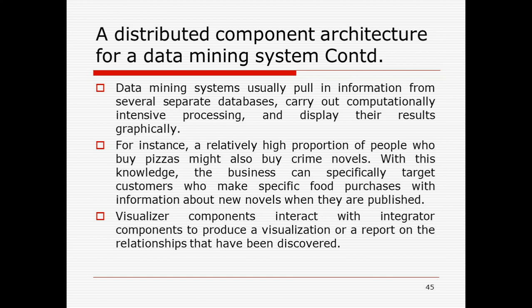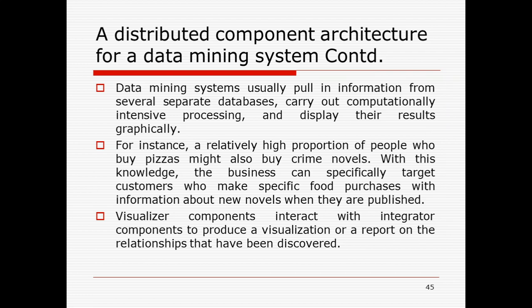So this data mining component basically does the computationally intensive task, does the processing, and displays the results graphically.